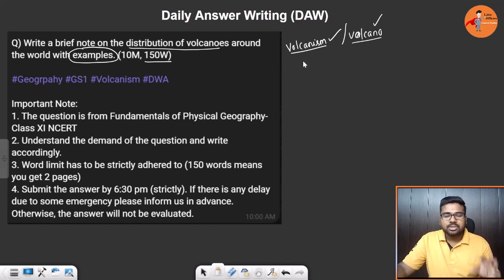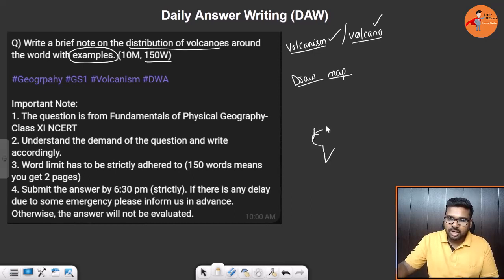Simple. Now the distribution of the volcanoes around the world. This is where you have to draw the map. So draw the map of the world presenting all the major volcanoes. Much focus should be on three areas. I'll draw it for your reference. Simply you present this is your, let's say, South America, North America.